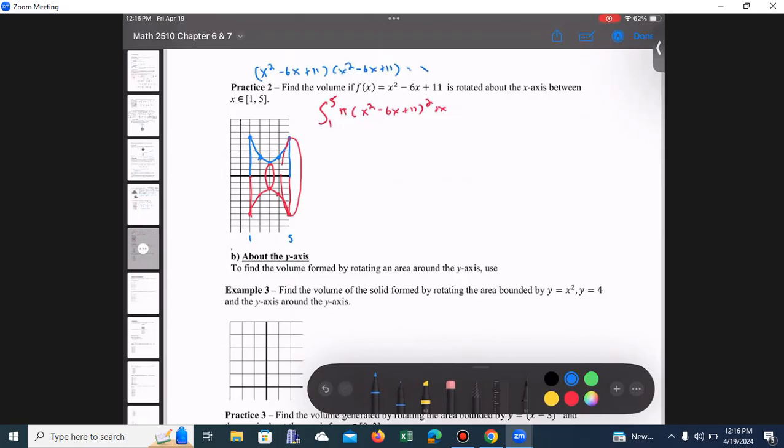So we get x to the 4th. And x squared times the negative 6x is negative 6x cubed. And we'll have 2 of those, so we'll have negative 12x cubed. Then we'll have 11x squared, and 11x squared will be 22x squared.